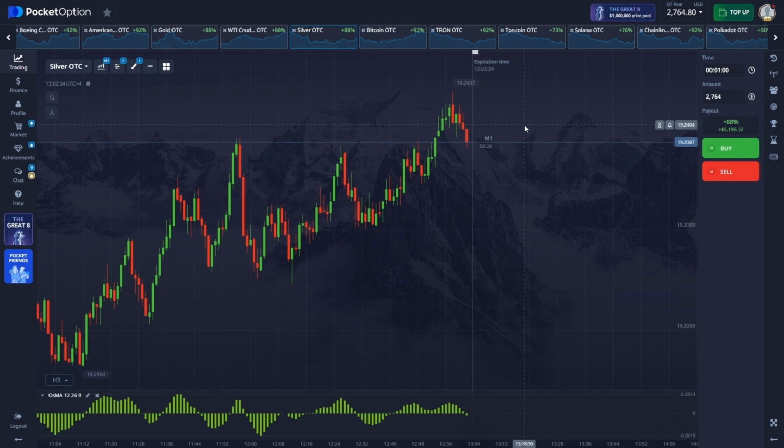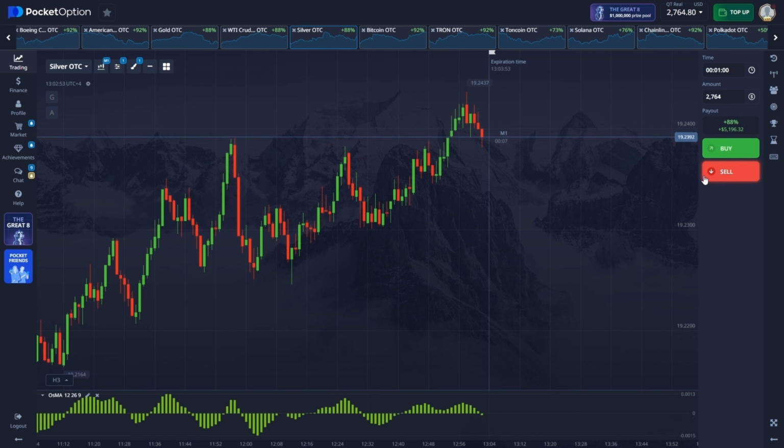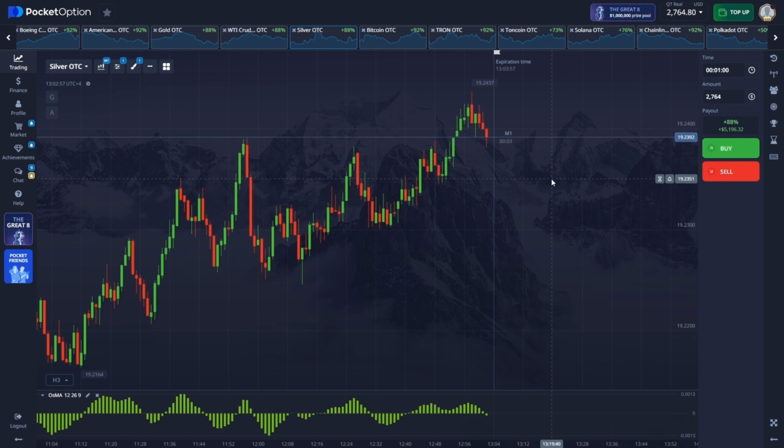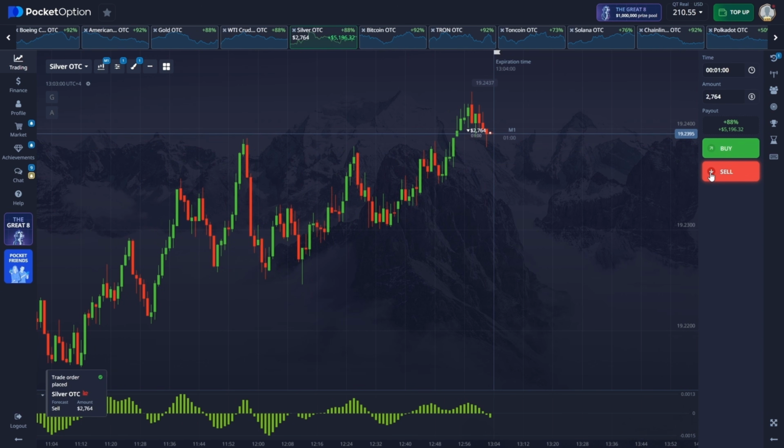On silver OTC, we have a trade. If this current candle closes as a red candle, then we can proceed. Okay, the candle closes as a red candle, so I proceeded for the downside move on silver OTC for $2,764.